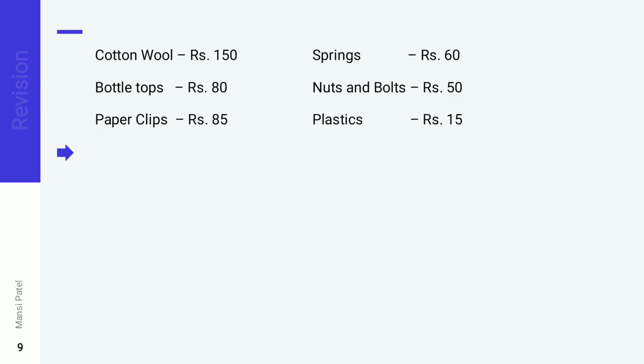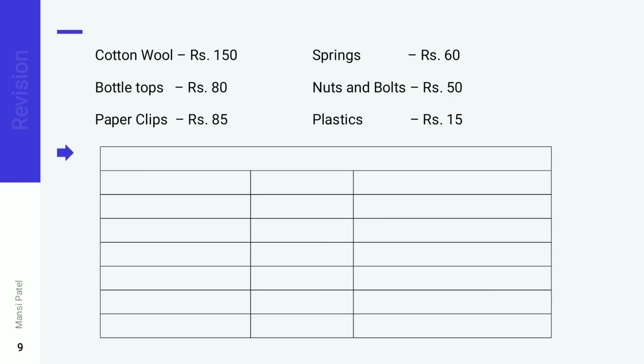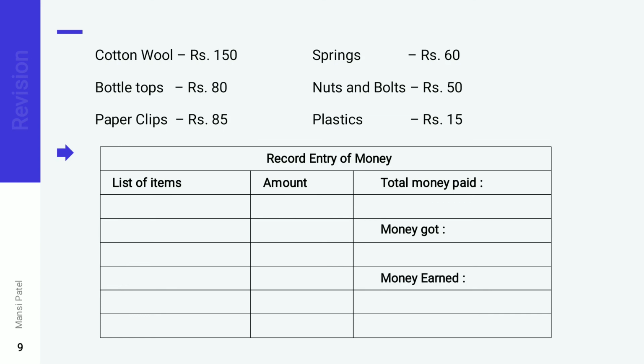Now in this you have to maintain the record entry of the money. Here you have to write down the list of items, then the amount. Then you have to write down the total money paid, how much total money she paid to the persons from whom she collected all the junk. Then the money got, this money is from the big junk seller. And how much she earned you have to write down. You have to fill in all this.